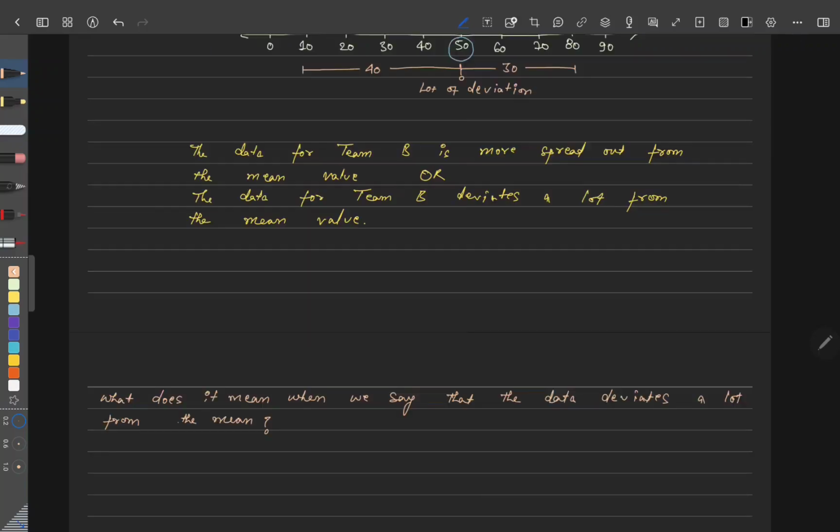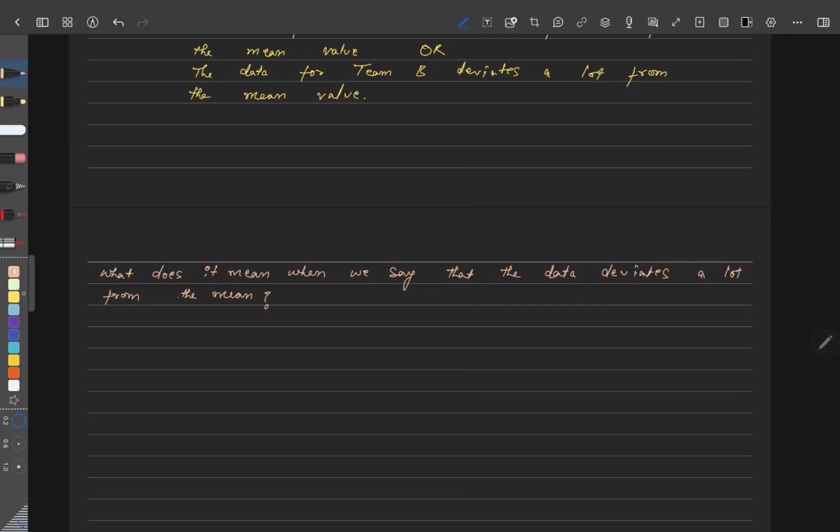Okay, so in the context of our example, it would mean that team B is less likely to score, around to score, I should say, their first goal around the 50-minute mark, which is also the mean, right? So this is what it would mean in the context of our example.